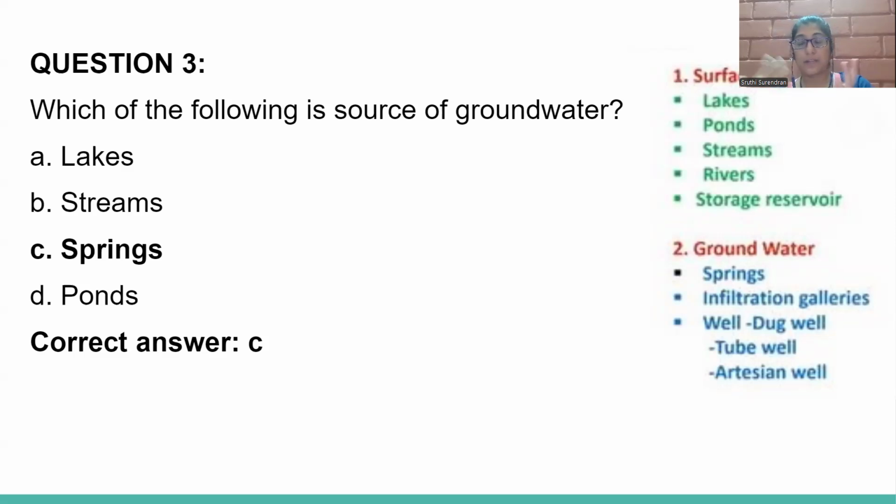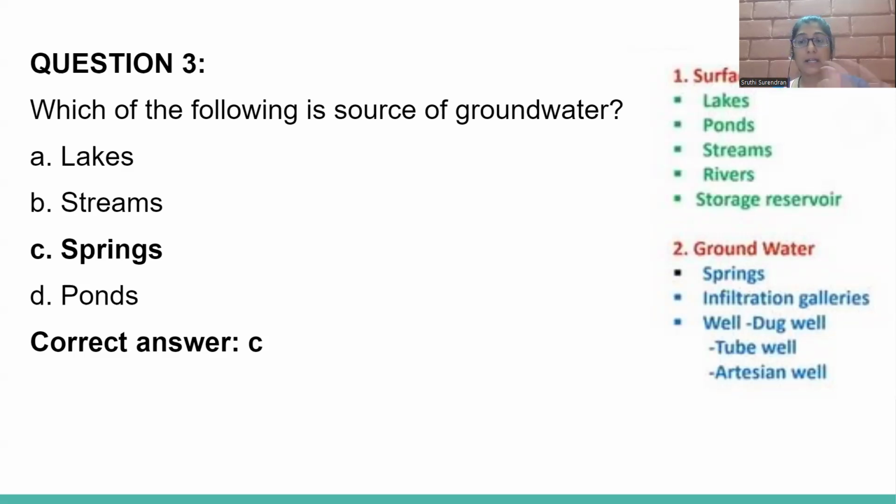Something not so familiar to us, although everyone might know them, are the less commonly used terms for subsurface water bodies, like springs. Water flows from underneath the earth's surface and comes out; such a source of water is a spring. Then there are infiltration galleries and wells. Among wells, there are dug wells, the big open wells, tube wells, and artesian wells.